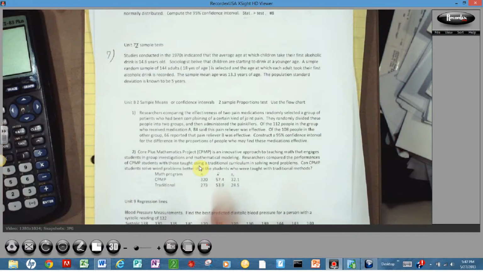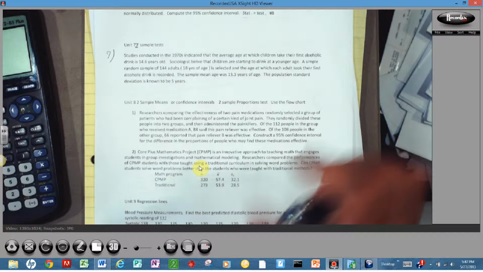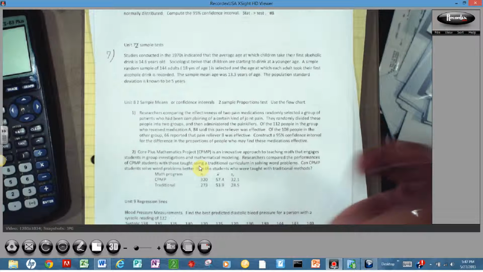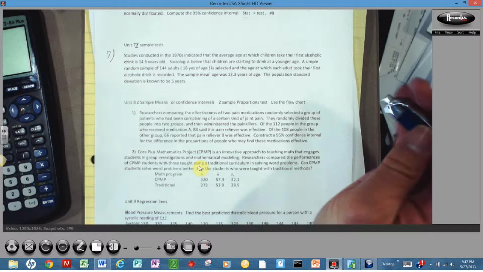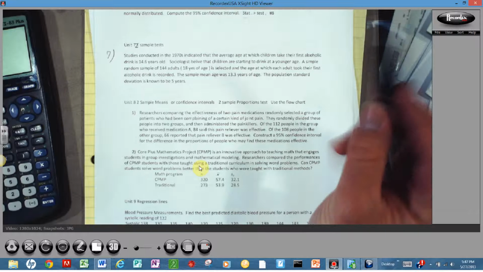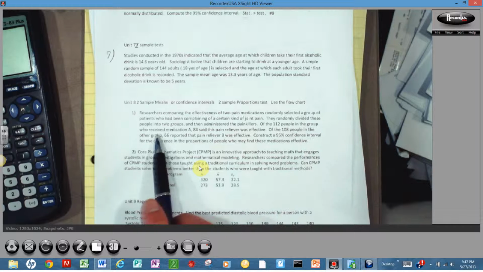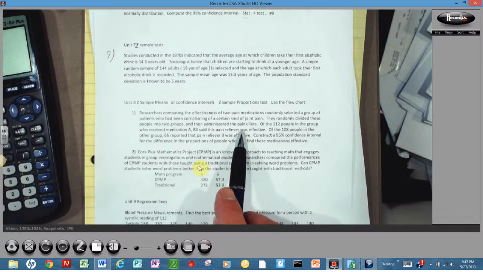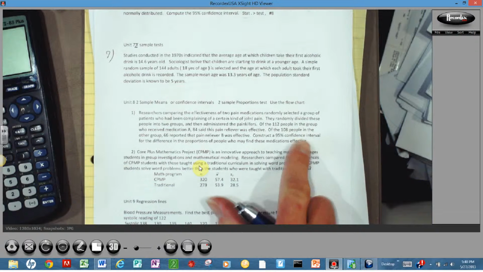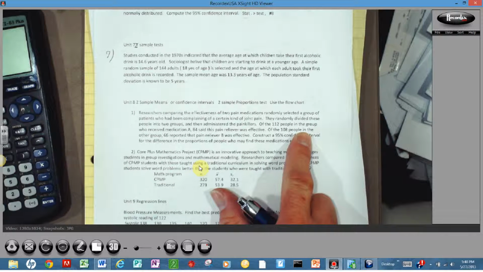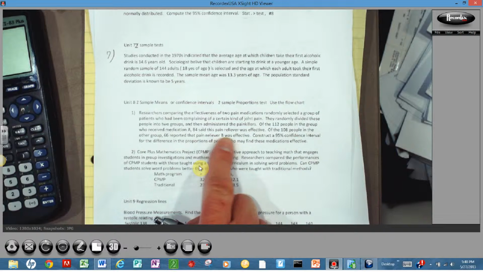So looking at this problem right here, it says researchers are comparing the effectiveness of two painkillers, randomly selecting a group of patients who have been complaining of a certain joint pain. They're randomly divided into two groups, then administered the painkillers. With 112 people in Group A, 84 of them said the pain reliever was effective.